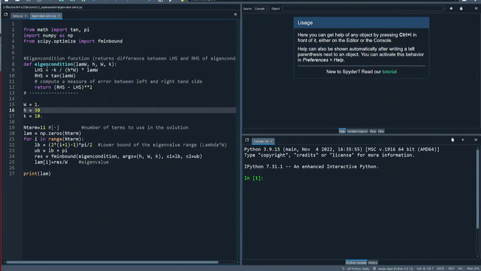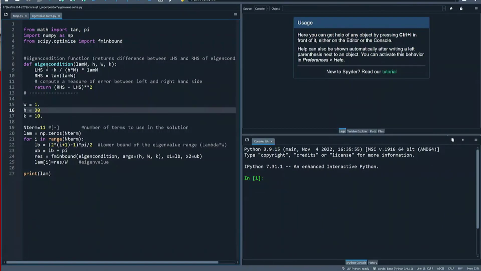Okay. I'm going to give this function, though, an argument lambda times w. So it's always solving for lambda times w, because that's the thing that's going to scale from 0 to pi or 0 to 2 pi. So as long as I'm solving for that product, later on I could come back out here and divide by w. So I'm going to multiply everything by w over w, which gives me that lambda w argument. So that's where that left-hand side comes from.